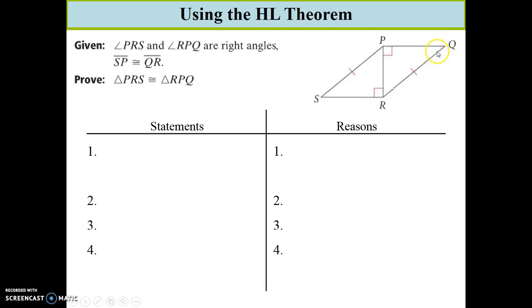Do we have hypotenuses congruent? Yes. And then is there a leg we could figure out that's congruent? Well, I think I see a side that's shared here. What do you guys think? If it's a shared side, then PR is congruent with PR by reflexive property. So just take a look.